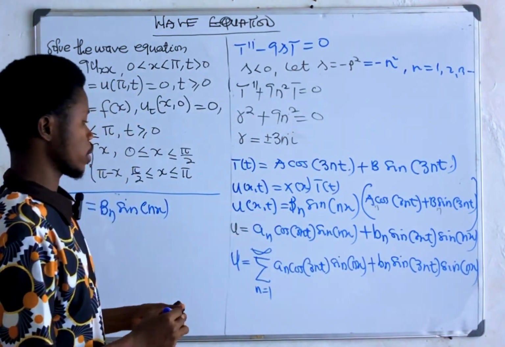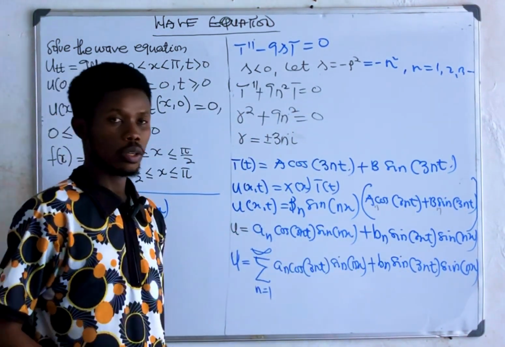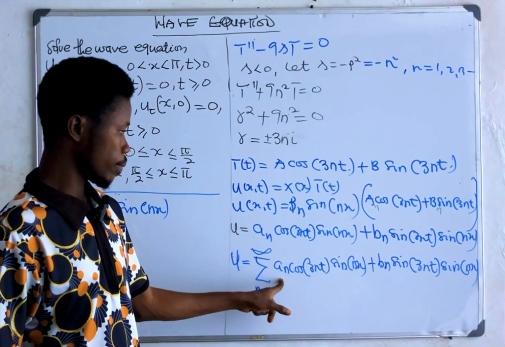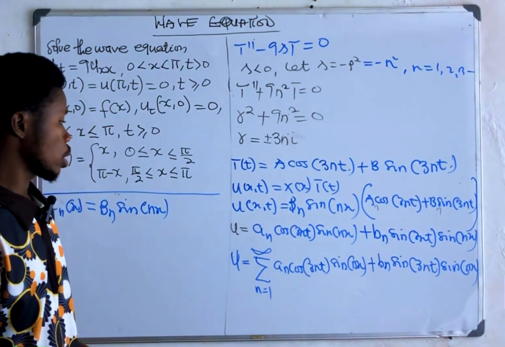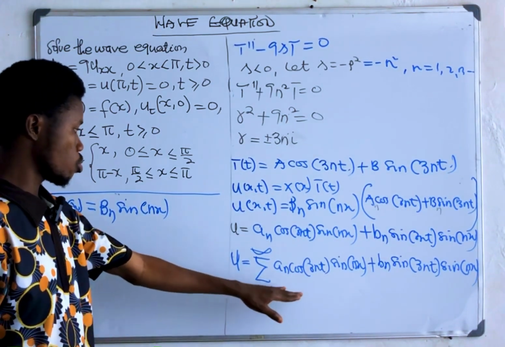So this becomes the general solution. But we need to find the an and also find what bn is, so that we get a particular solution. So that's what we are going to do for now.